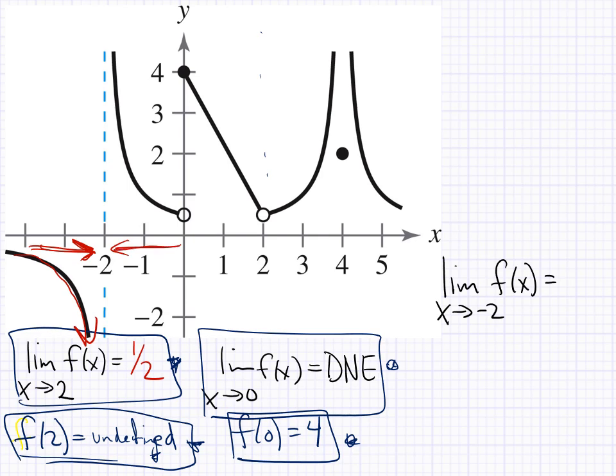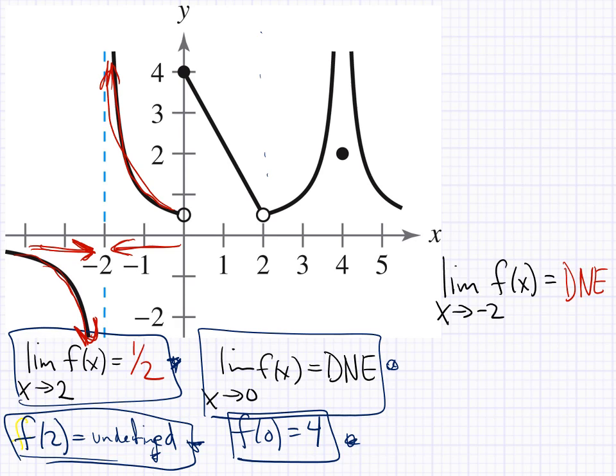As x is approaching -2 from the right-hand side, the function's doing this. Am I approaching a single finite y value? And the answer is no. Here I'm going down to -infinity. Here I'm going up to +infinity. As far as the best answer I can give here, DNE, does not exist, is the best answer. I can't even write infinity or negative infinity. The best I can do is write DNE.